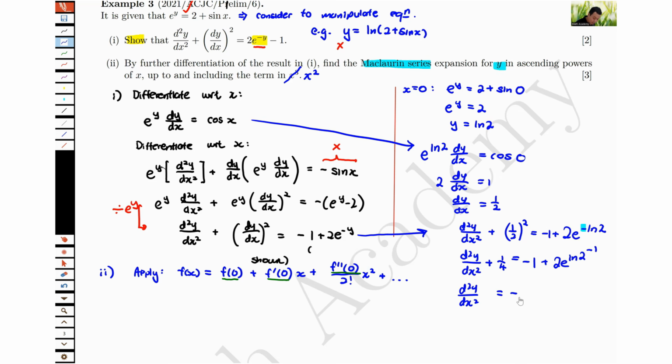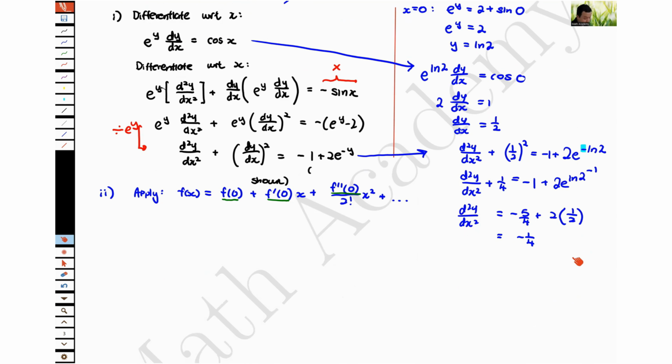Okay, let me combine some of the terms. 1/4 I shift over. e and ln will cancel out. 2 power negative 1 is half. So if I simplify, we will get negative 1/4.